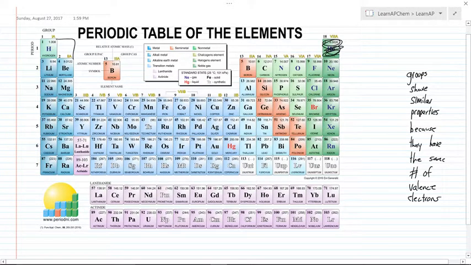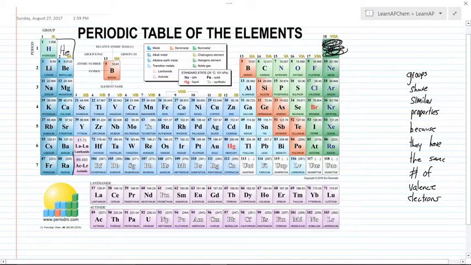Okay, so as I said, helium can be a little strange because we have 2 valence electrons, but we put it here because its subshell is full. So I talked about using the periodic table for writing out our subshells.